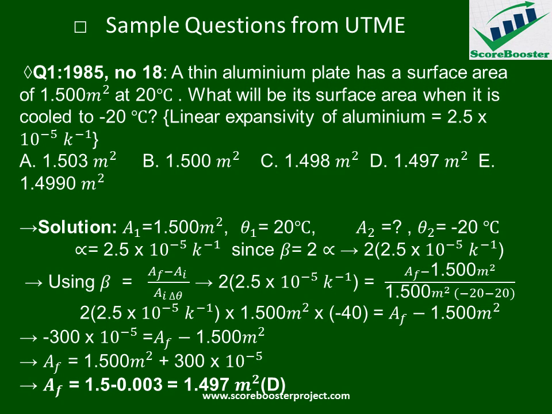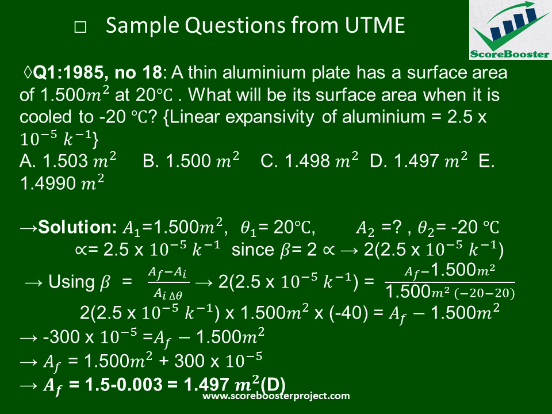Change in temperature, delta theta here, will be theta 2 minus theta 1. Since our theta 2 is minus 20, while theta 1 is 20 degrees Celsius, our change in theta will be theta 2 minus theta 1, which is minus 20 minus 20.